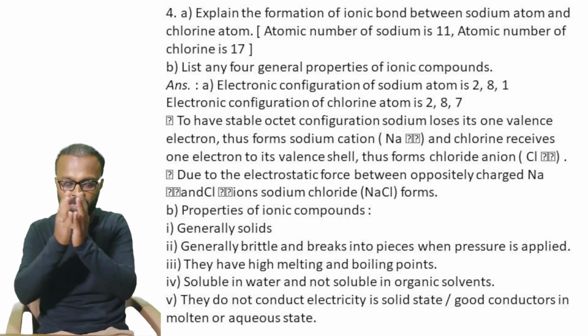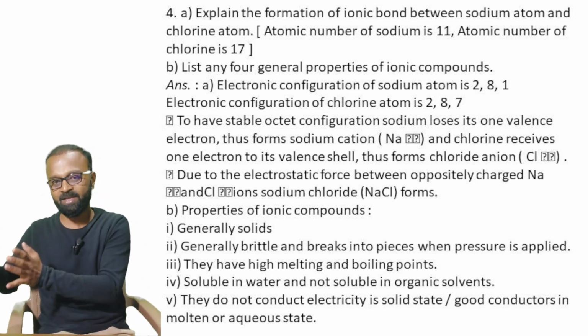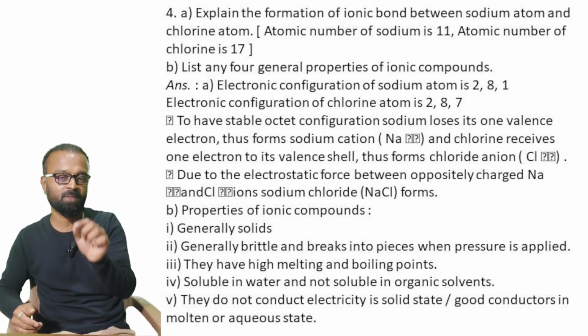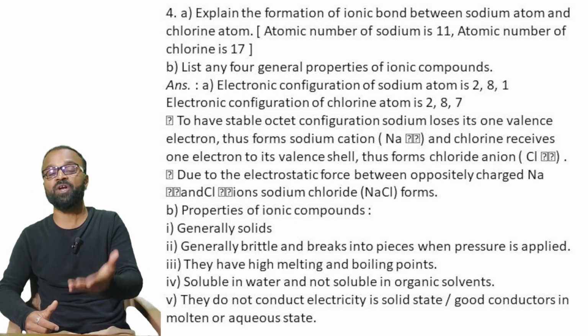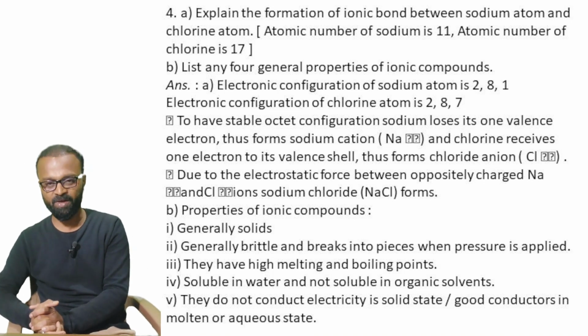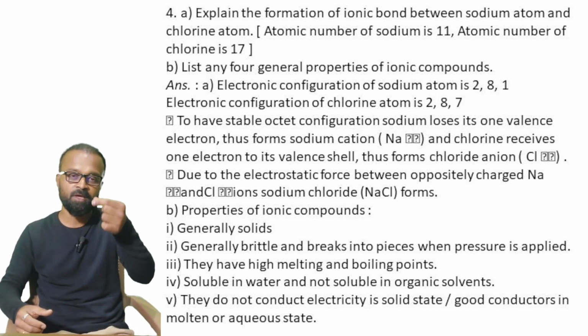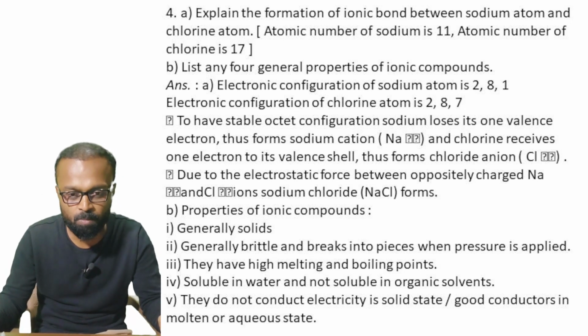So zinc oxide plus carbon, which is used as a strong reducing agent, will extract and give us the zinc. Again it is impure, only 95% is pure, still 5 to 10% impurities will be there, which will be subjected to a purification method. So step by step, along with the equations of calcination, roasting and reduction, you should write, then only you will be able to score good marks.